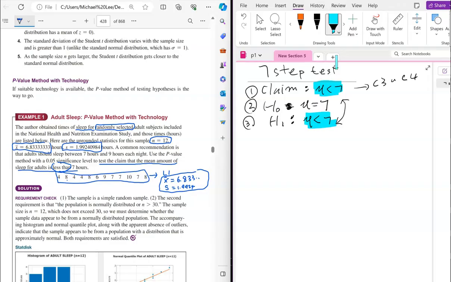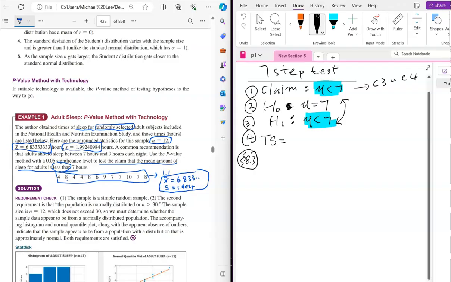Now, number 4 is the test statistic. In 8.3, the test statistic is t. It's not z. The formula is x bar minus mu divided by s divided by the square root of n.